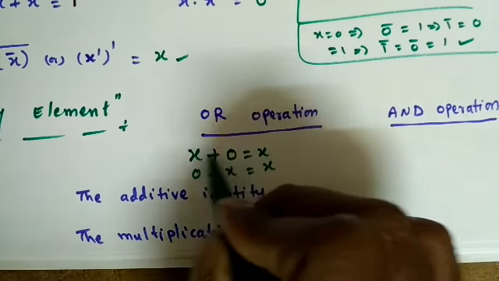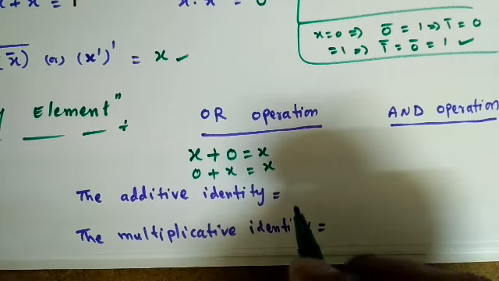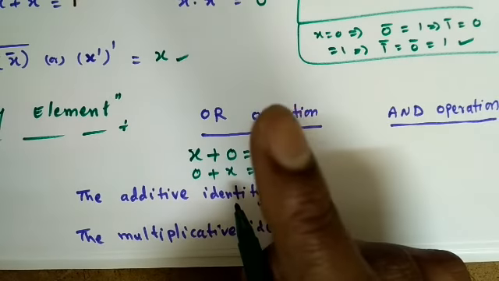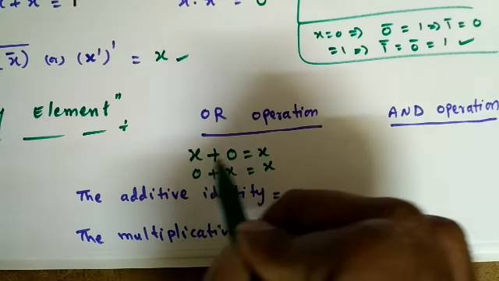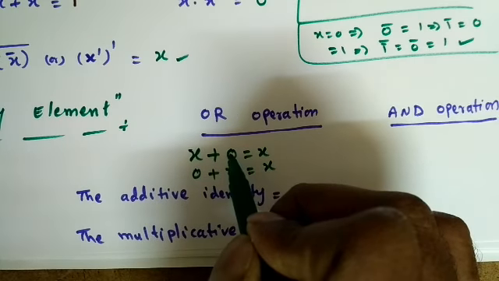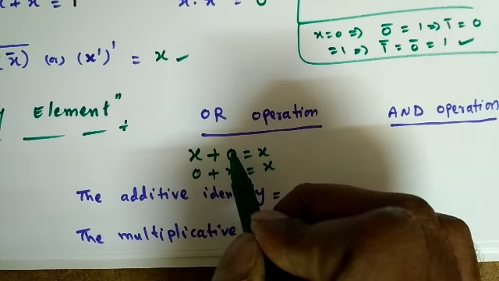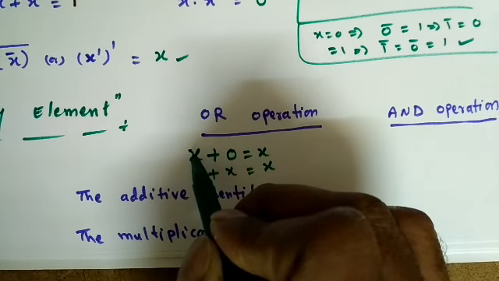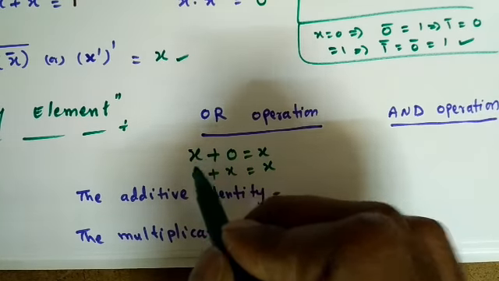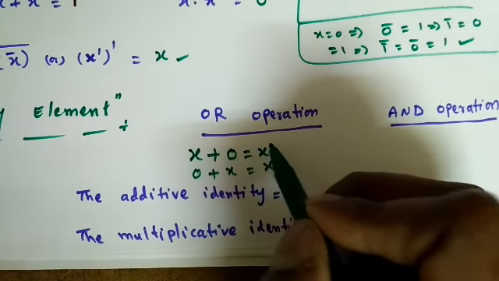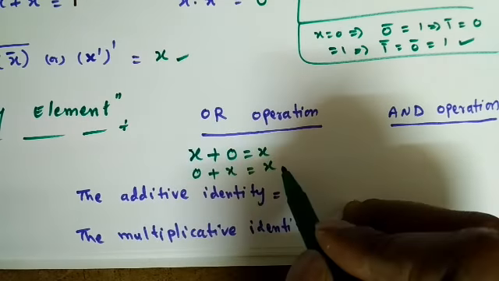It is not possible when I substitute x plus 1, which will become 1 only. That will not be an identity. So when you do some operation between a binary value, a logical value, and some variable, it may be 1 or 0, no problem, but it should give only x, right? So that is the identity element.